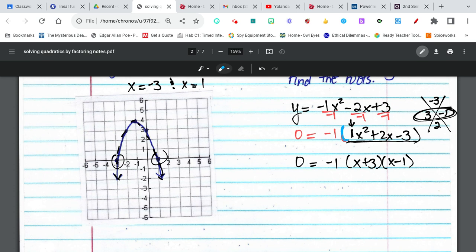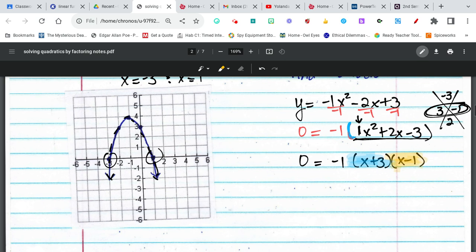Now what I want to do is take each one of my factors. When I say take each one of my factors, not the GCF, not the negative 1 I factored out, but I'm talking about factors that contain x. If you're going to solve for x, you need the factors that contain x.